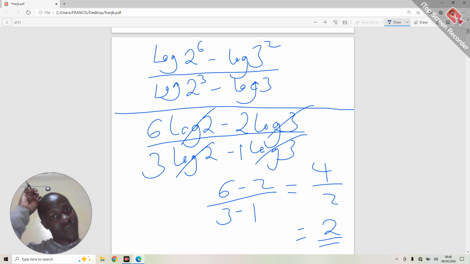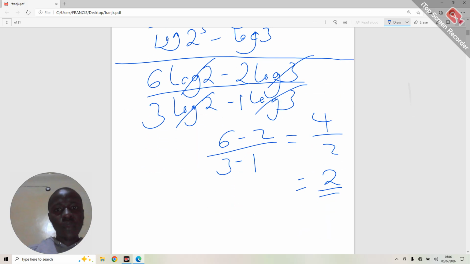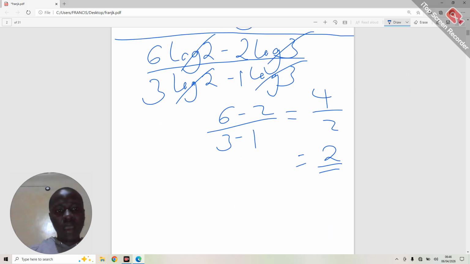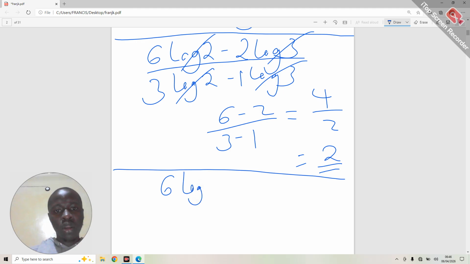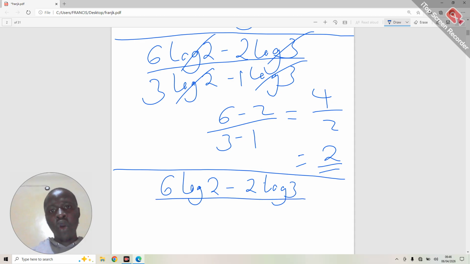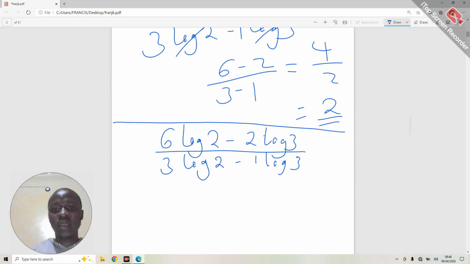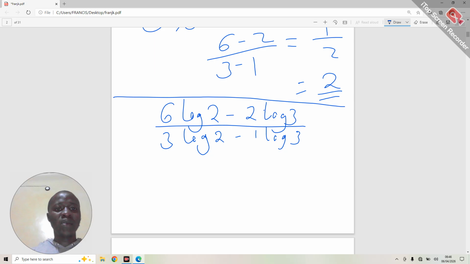Now, let me take it from this point of 6 log 2 minus 2 log 3 all over 3 log 2 minus 1 log 3. Guys, you can simplify. Starting with the numerator, 6 and 2 are available. What can go into 6 and 2? Obviously 2.